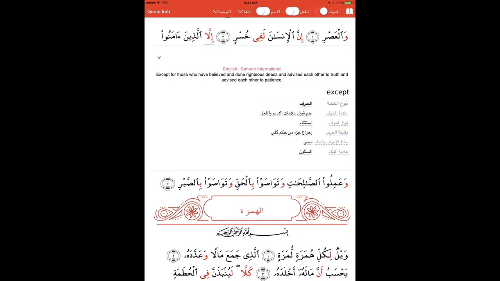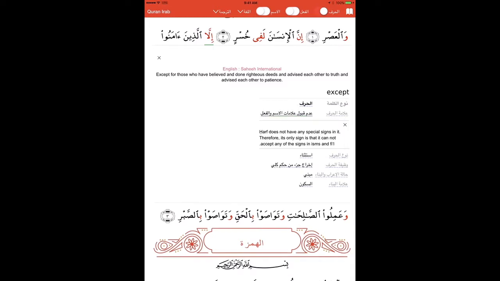Again, harful istithna, the sign of it being a harf is also the absence of signs of isim or fi'al. And now the wazifa, the function of it is to make an exception, to take a portion out of the bulk of it, out of everything else.